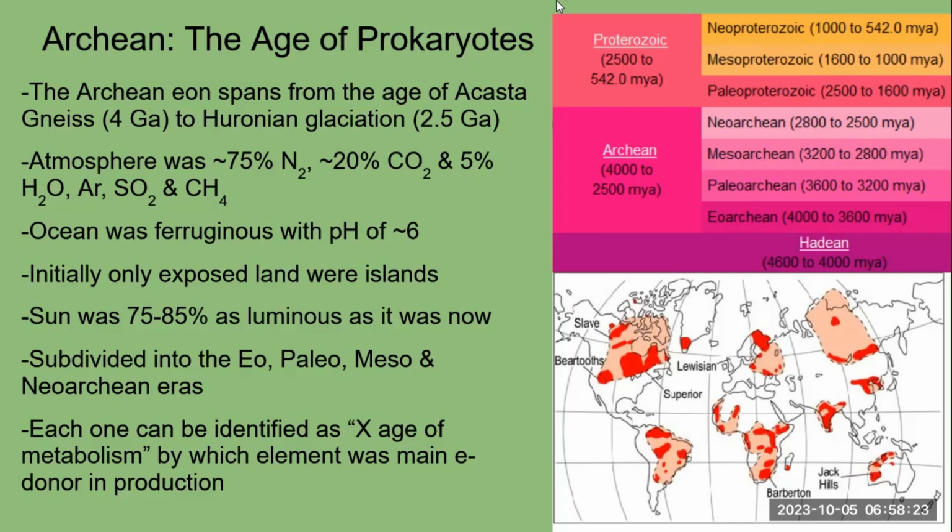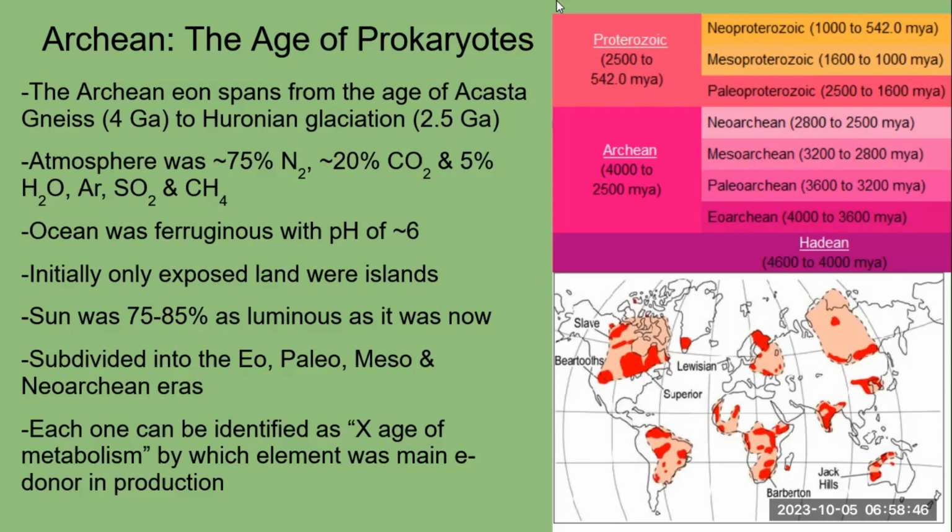Furthermore, while the oceans of today are alkaline, the Archean oceans were acidic with a pH of around 6. At the outset of the Archean, scattered islands were the only land that existed. The sun was between 75 and 85% as luminous as it is now, with greenhouse gases keeping the surface warm.